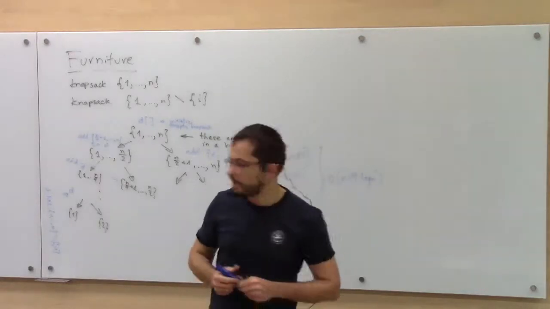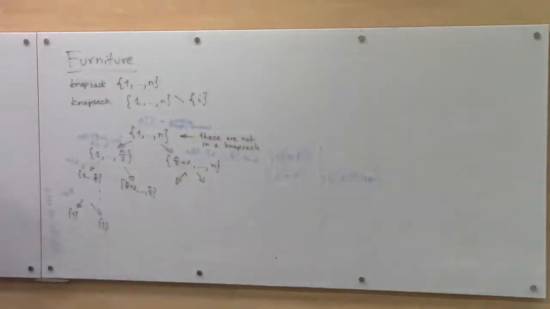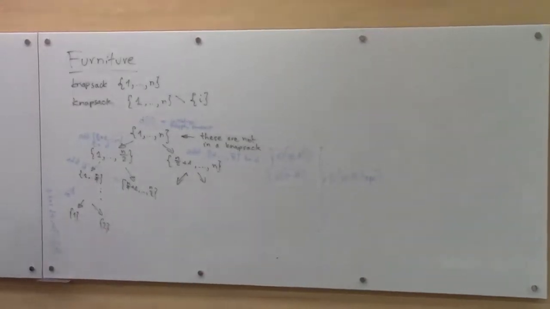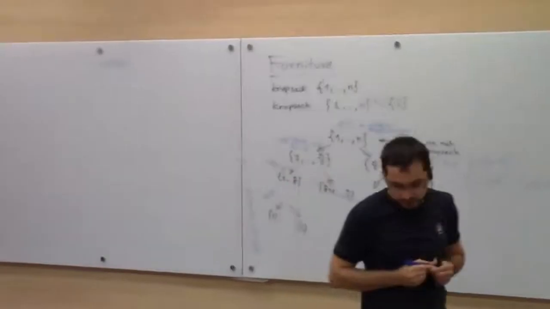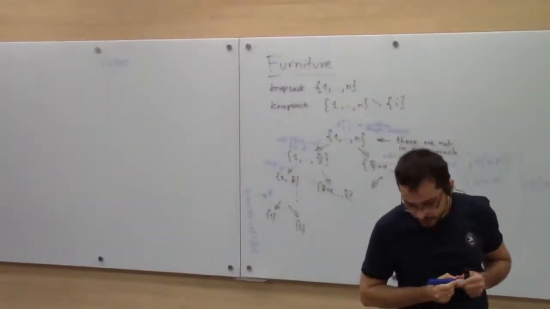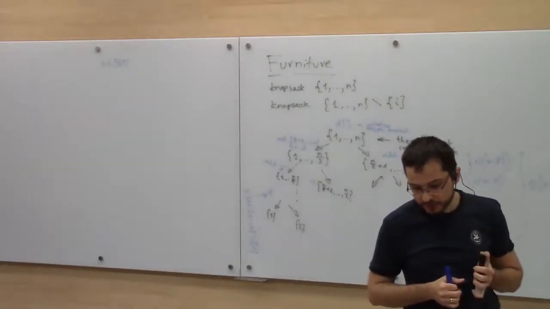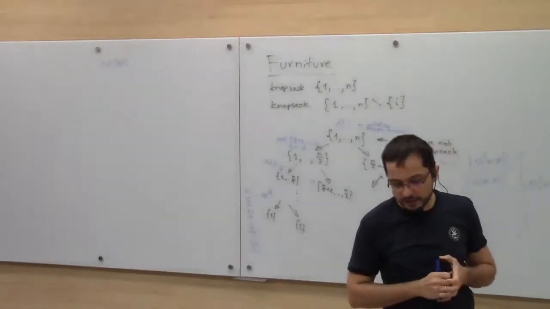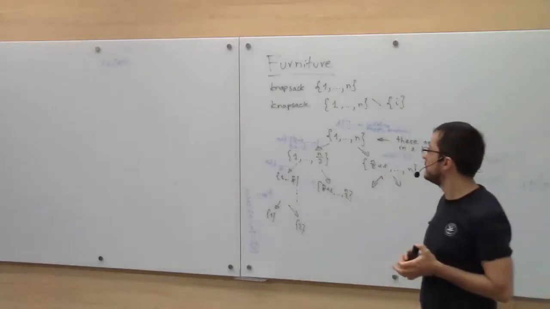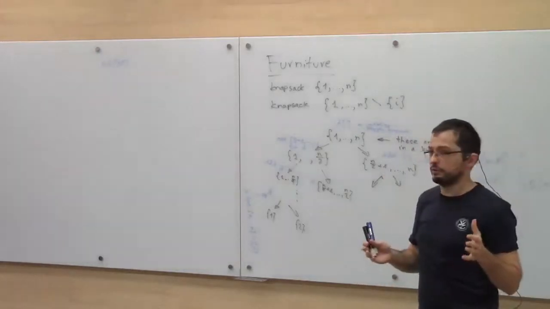Okay, we have n items, up to 500, and these elements were some kinds of furniture, and these are the types of furniture.